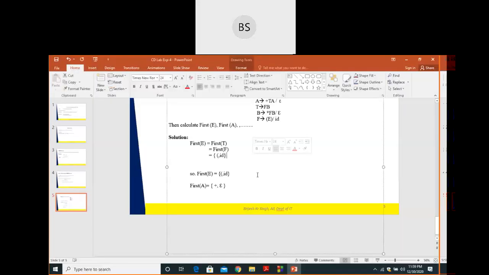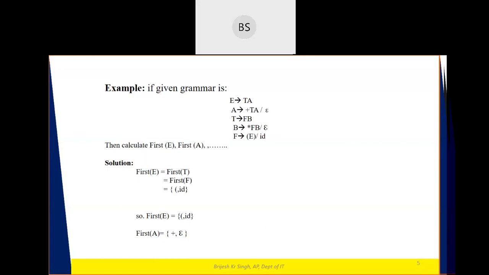So FIRST of E equals open parenthesis, comma, id, right?